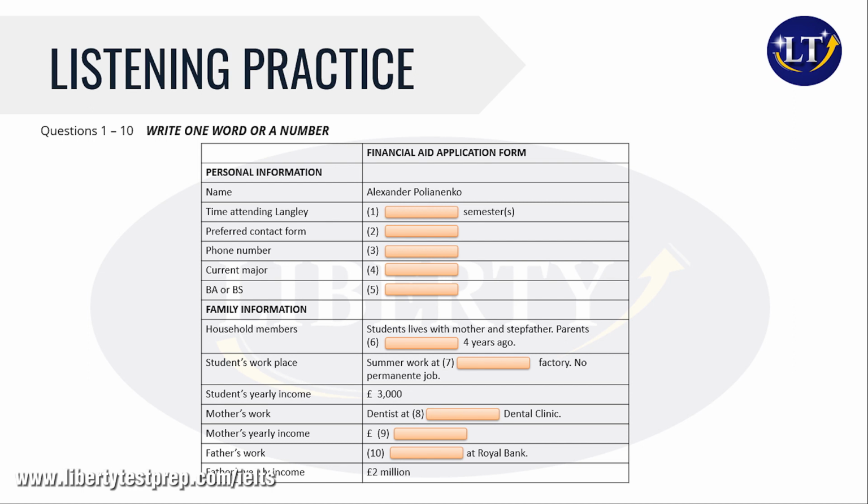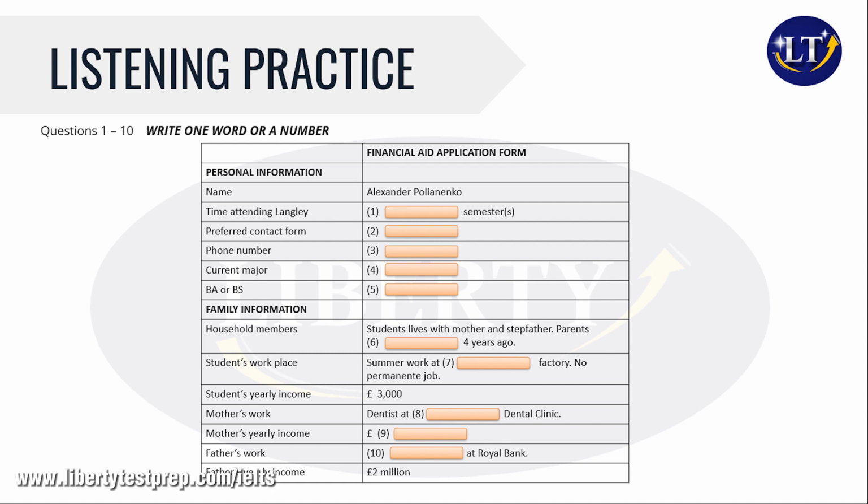Well, the information should appear in the bottom right corner of your student ID. Okay, here I see it. It says BA. Okay, so now I am going to ask you some important information regarding your family and their income. Okay, who do you live with? I live with my mom and my stepfather. My parents got divorced 4 years ago.